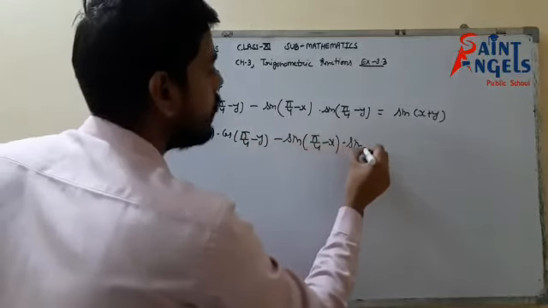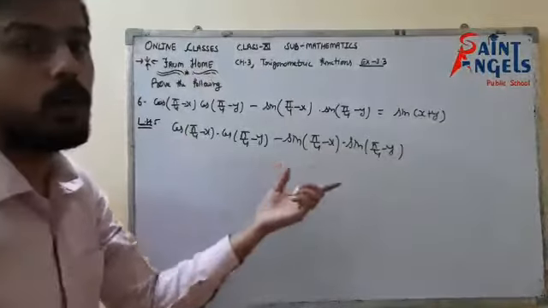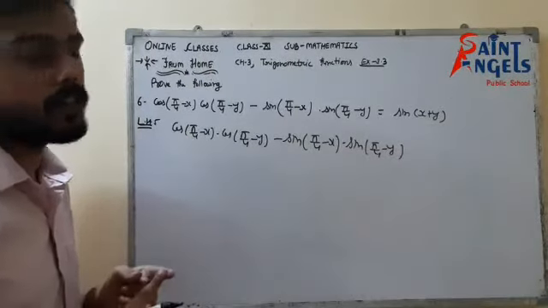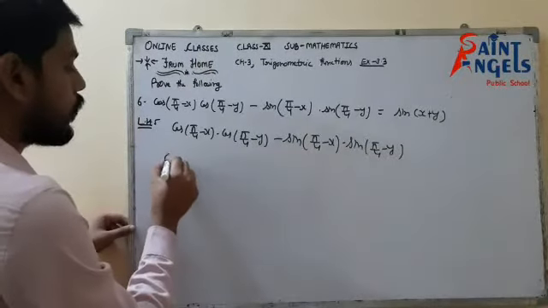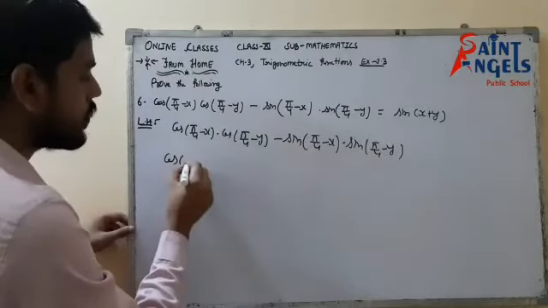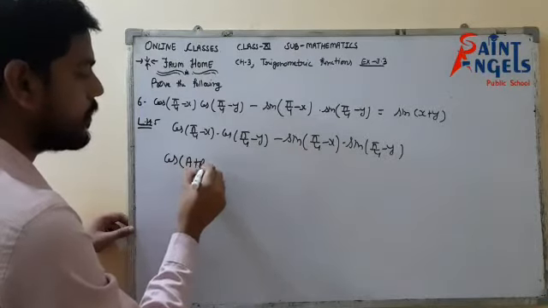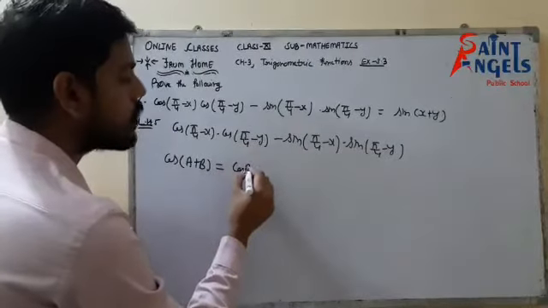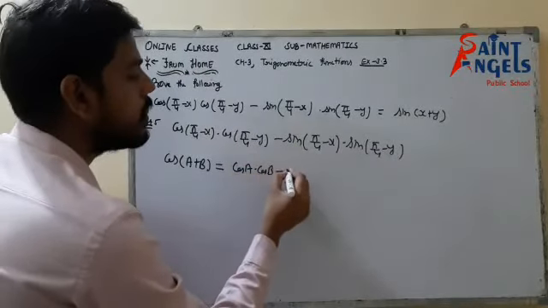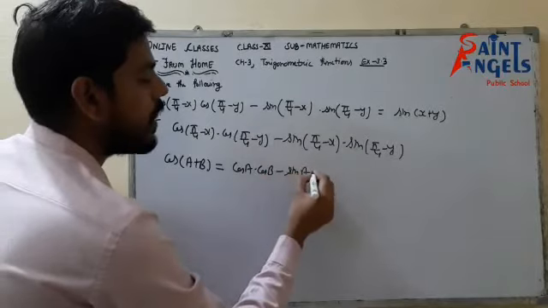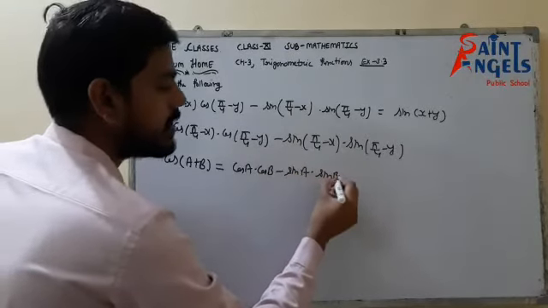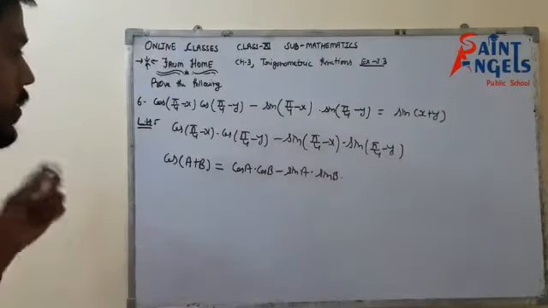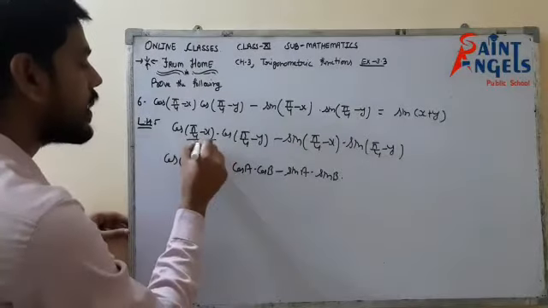Beta, if you look carefully at this expression, then you will be reminded of something. What was the formula of cos(a + b)? The formula of cos(a + b) was cos a cos b minus sin a sin b, isn't it? So now suppose that pi/4 - x is a.